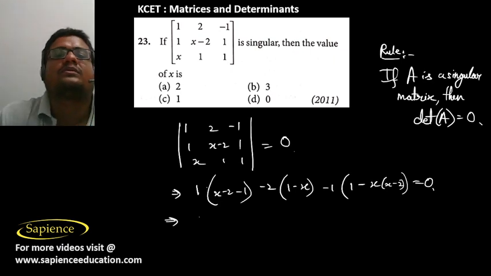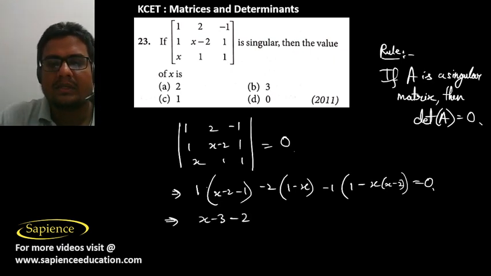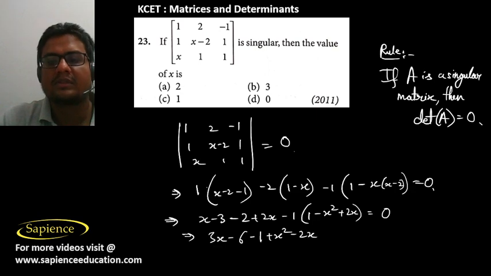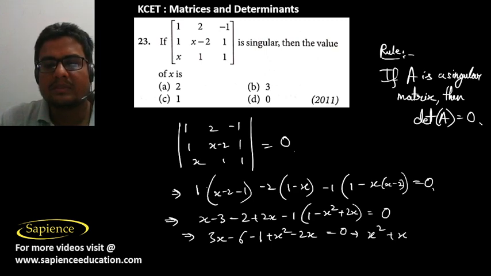So therefore x minus 3 minus 2 plus 2x, then minus 1 into 1 minus x square plus 2x, so that is equal to 0. So this will be x plus 2x, that is 3x, then minus 3 minus 3, that is minus 6, then minus 1 plus x square minus 2x, it should be equal to 0. Therefore we can say this will be x square plus x minus 7, that is equal to 0.